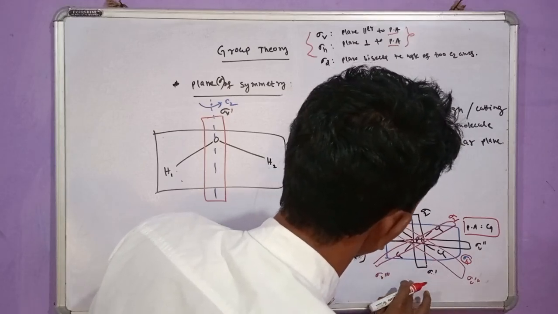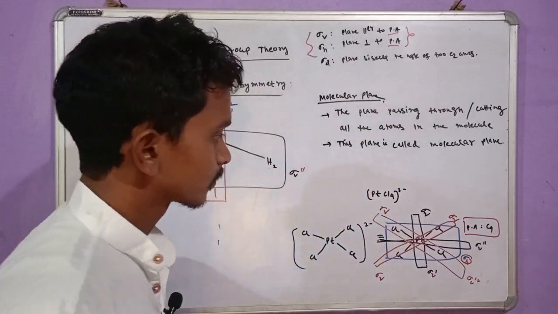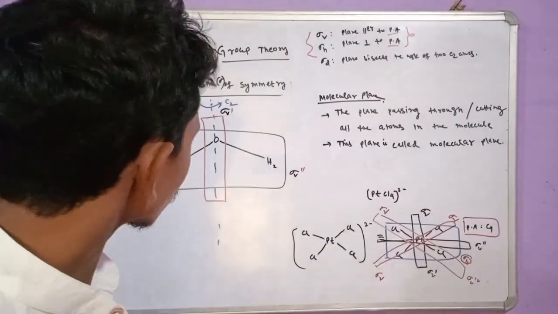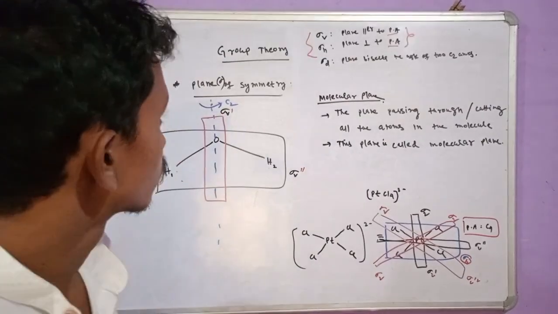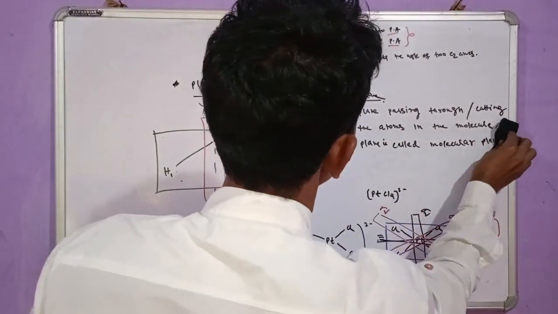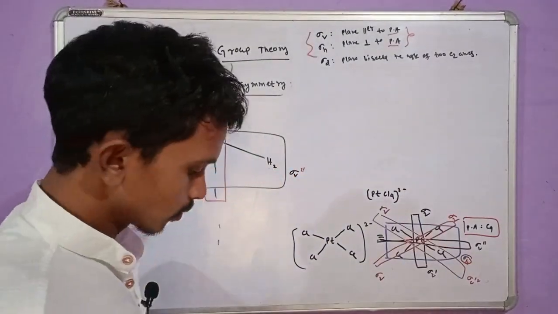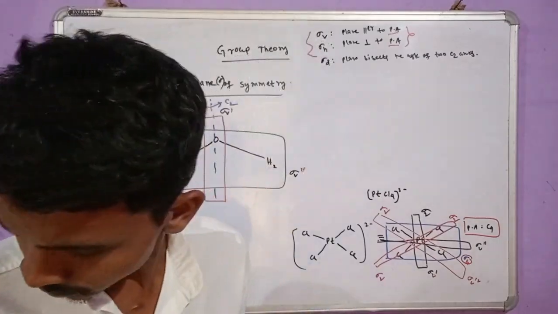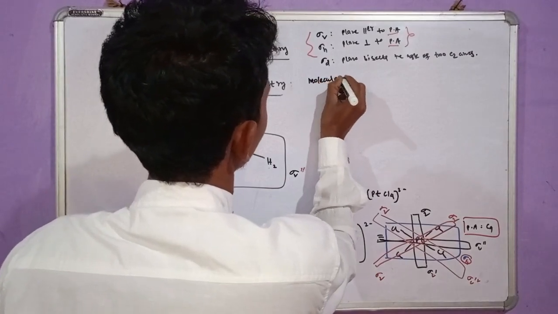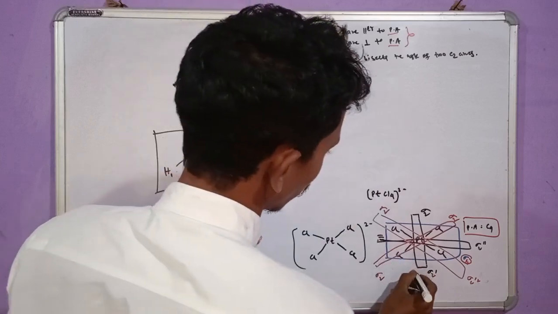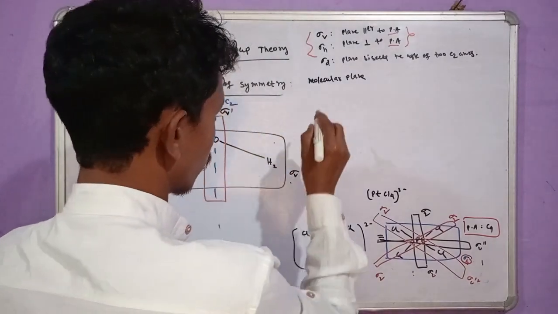So previously also I have written, these all are vertical planes. Okay. So what you get here, I will remove this: the molecular plane. Here the molecular plane is sigma h, the horizontal plane. Here the molecular plane is a vertical plane.